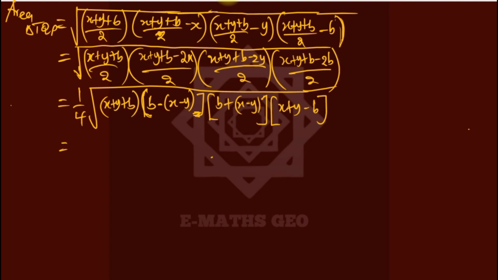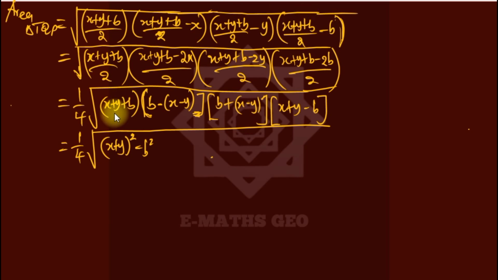So looking at this, we can easily see that if you check x plus y, which one has x plus y again? See, we have a difference of 2 squares, so we can write this as x plus y all squared minus b squared. Yes.